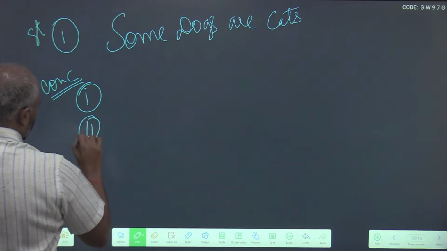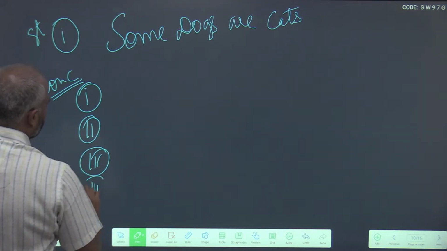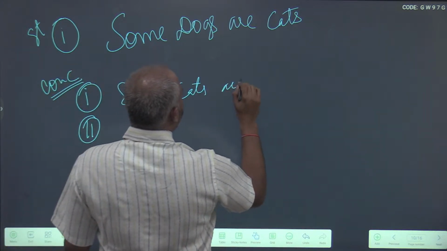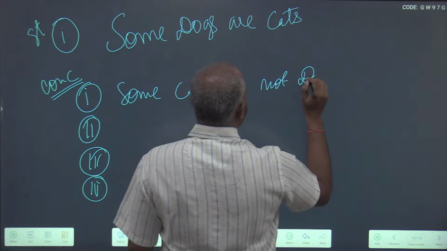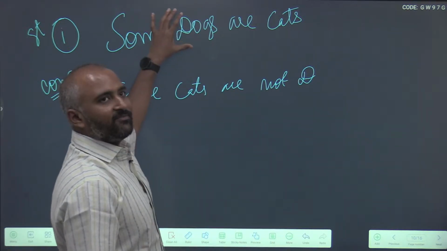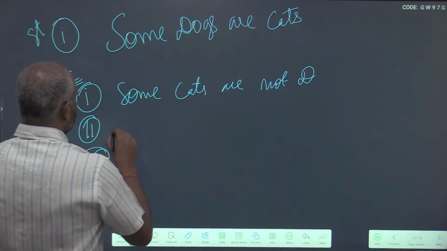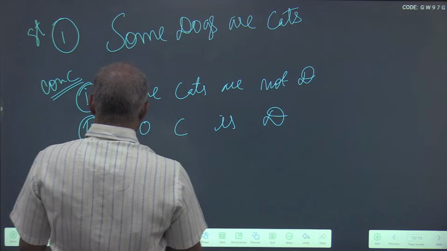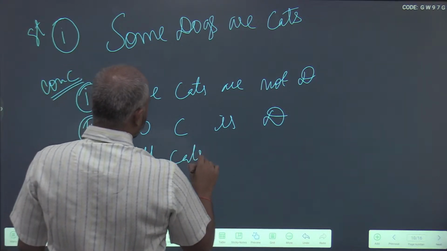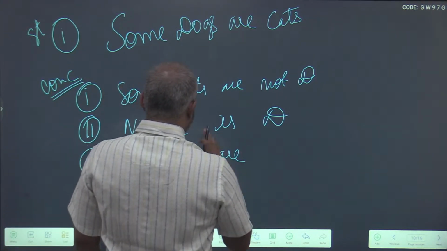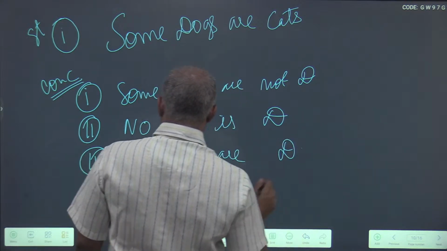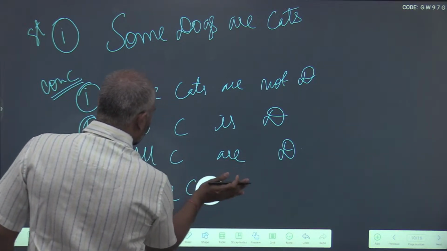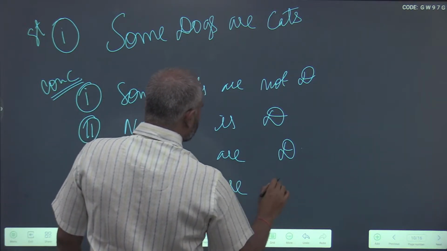One, two, three, four. Some cats are not dogs. From now on I am going to take D for dogs, C for cats. No cat is a dog. All cats are dogs.